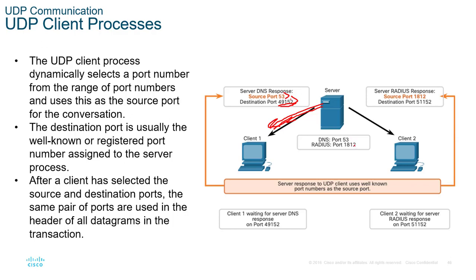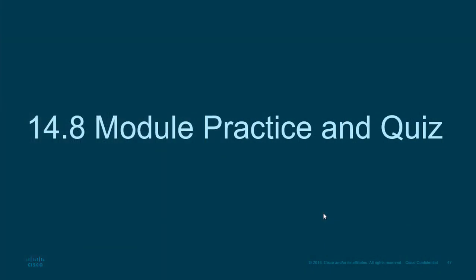Prior, it went to port 1812, so client 2 over here was using Radius to authenticate a username and password, and it sent it to destination port 1812. Now when the server talks back, that becomes the source port, and coming back to the client, the destination port is the randomly generated port number that the client used on the initial communication going up, right down here. And that takes care of Module 14.